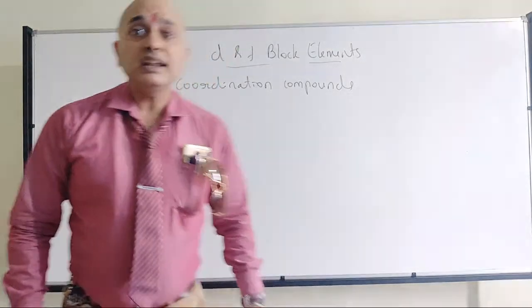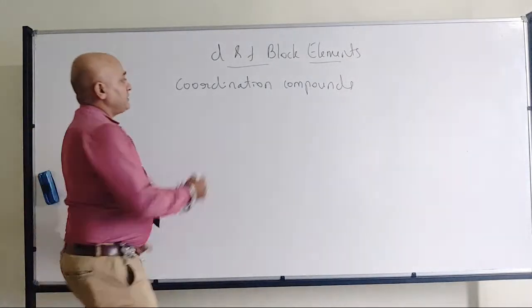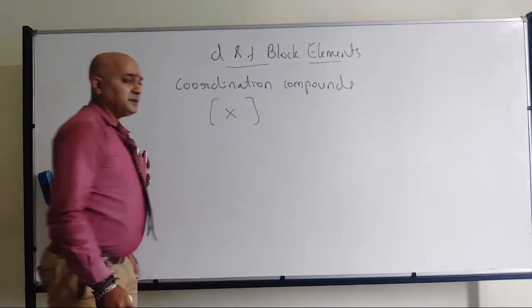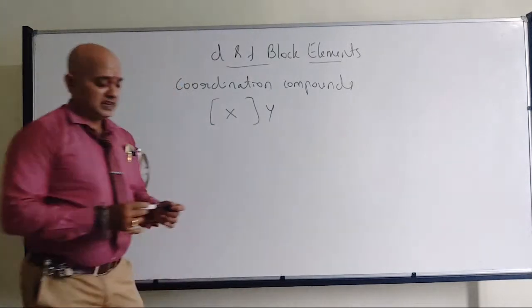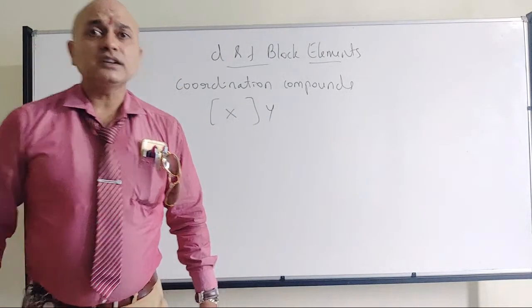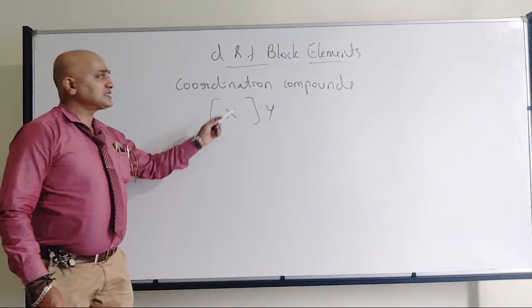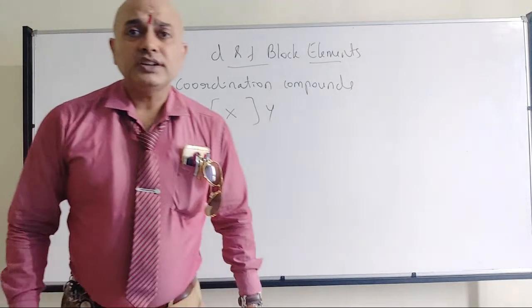Together they form the coordination compound, where we have elements inside the square bracket, a group of elements, and outside there will be another element acting as a counter ion to neutralize the charge on the square bracket, right? So that's where we have the coordination compound.